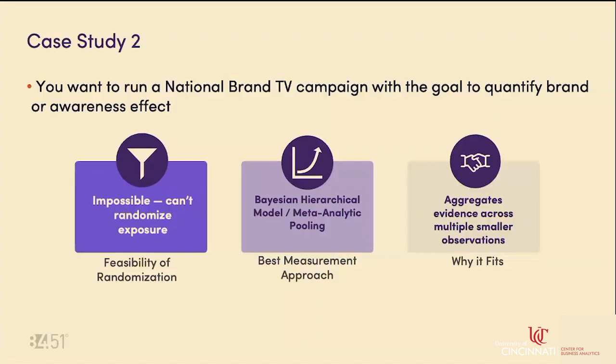That's when we have to go into suboptimal techniques from a precision standpoint, but still very powerful, like Bayesian hierarchical models, which essentially are scientific models trained to, in the absence of a true holdout control, try to find households that as closely mimic those households that would have otherwise received that treatment.